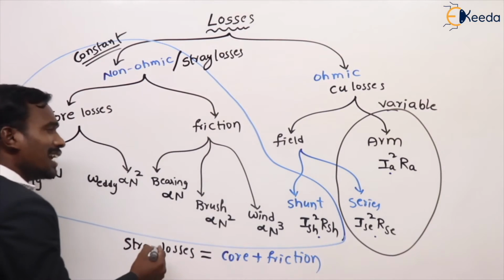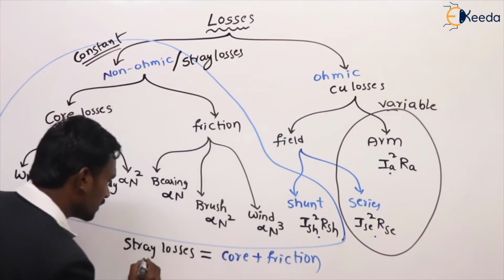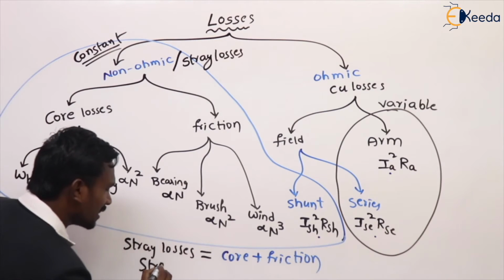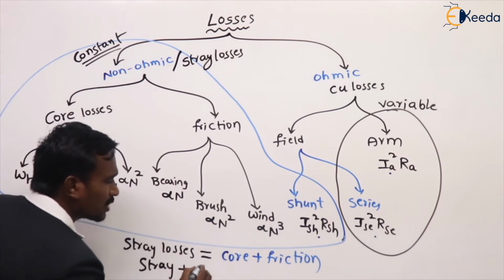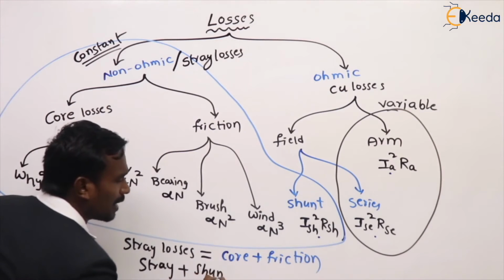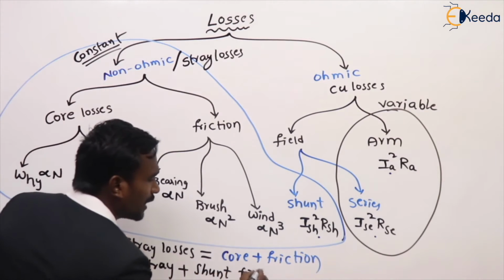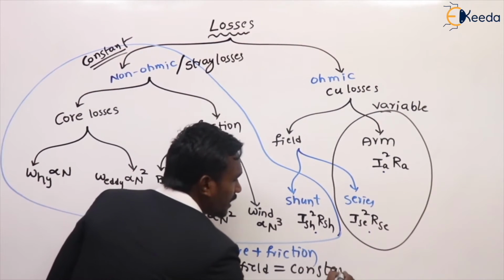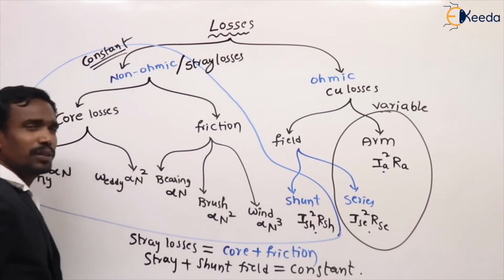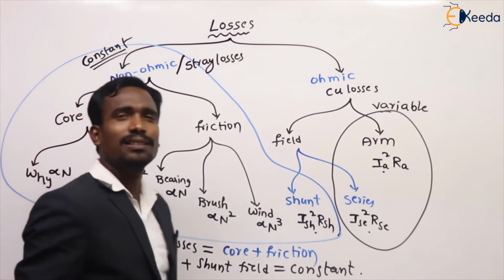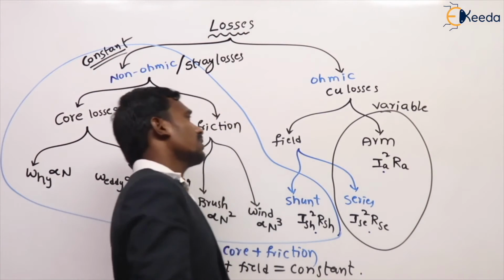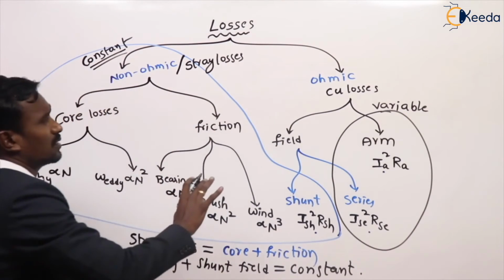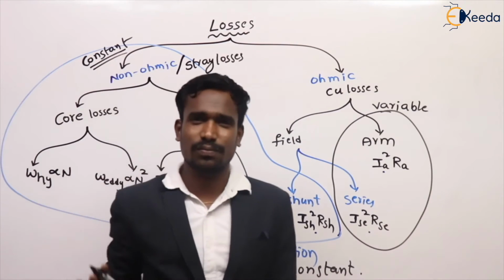Stray losses plus shunt field copper losses are equal to constant losses. This is important. This is simply about the losses in our DC machine.